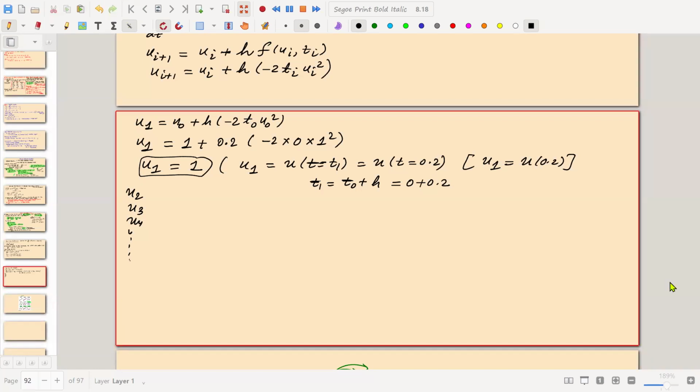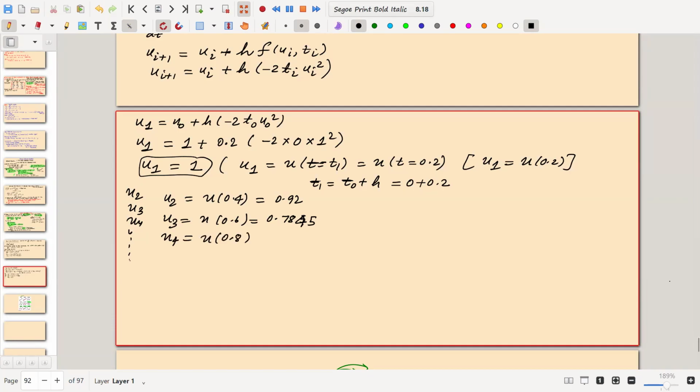So similarly, what is u2 you are getting? u2 is nothing but u at 0.4, that is equal to 0.92. u3, that is u at 0.6, is equal to 0.7845. u4, u at 0.8, is 0.63.